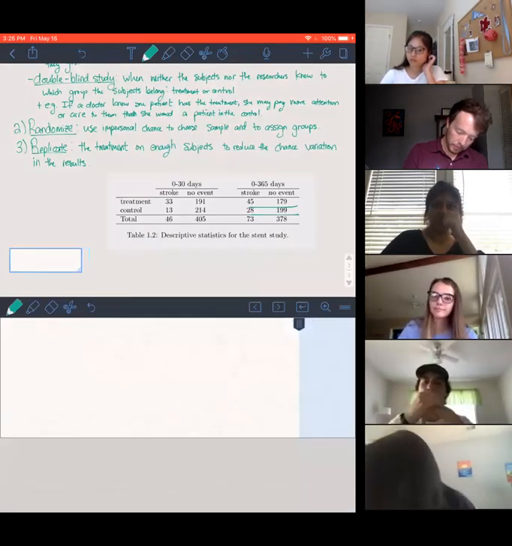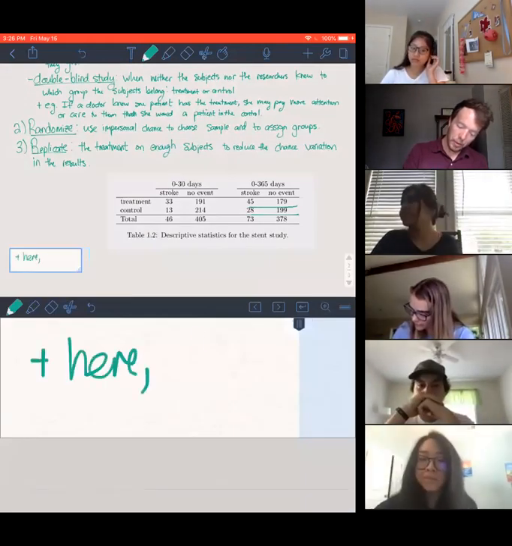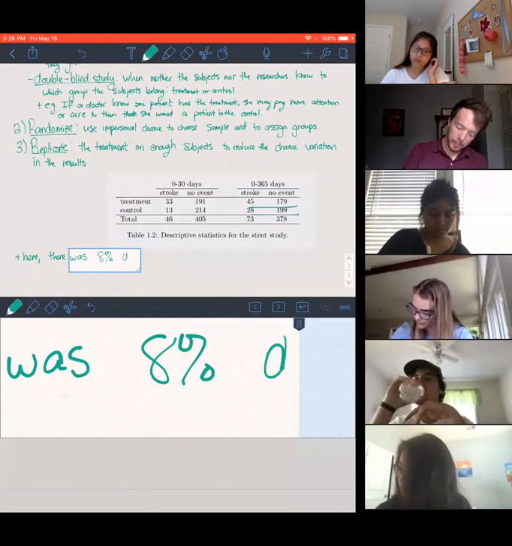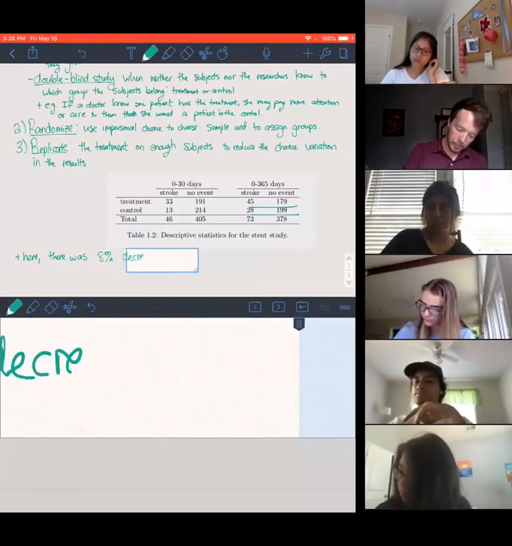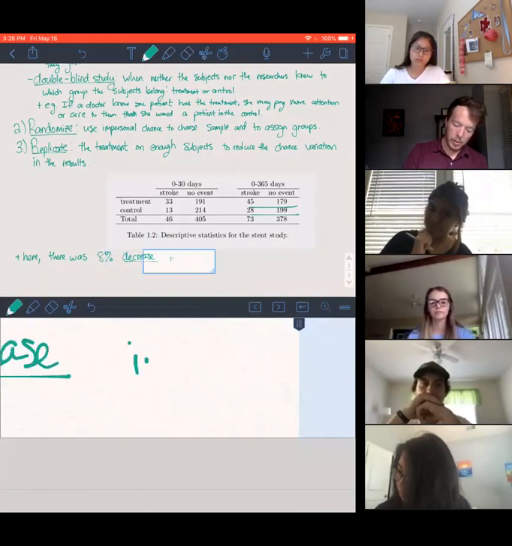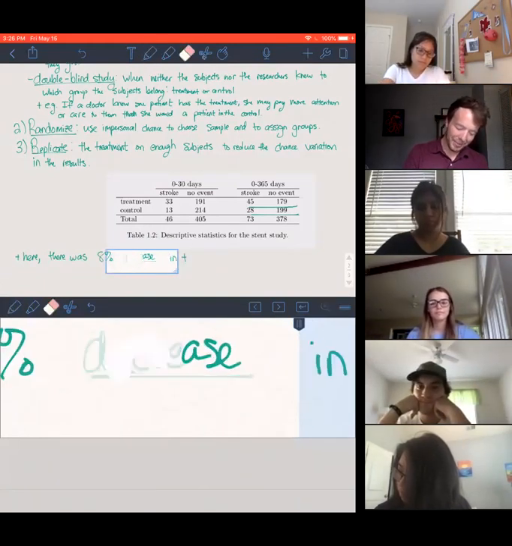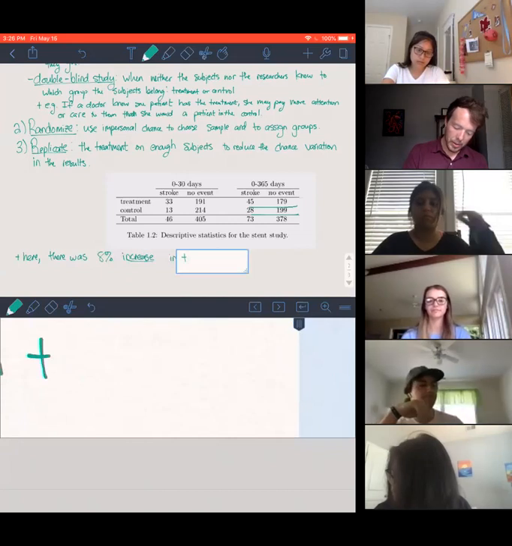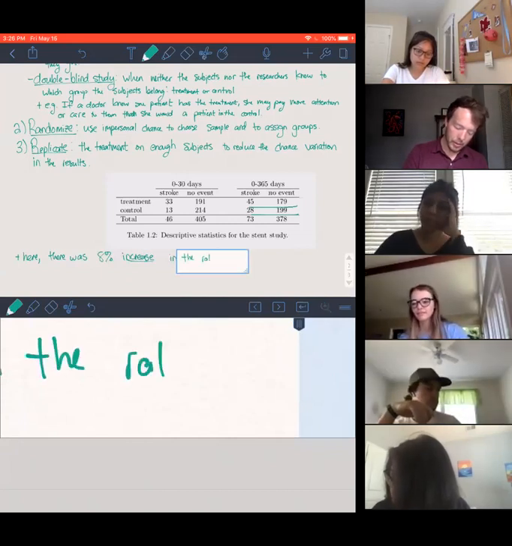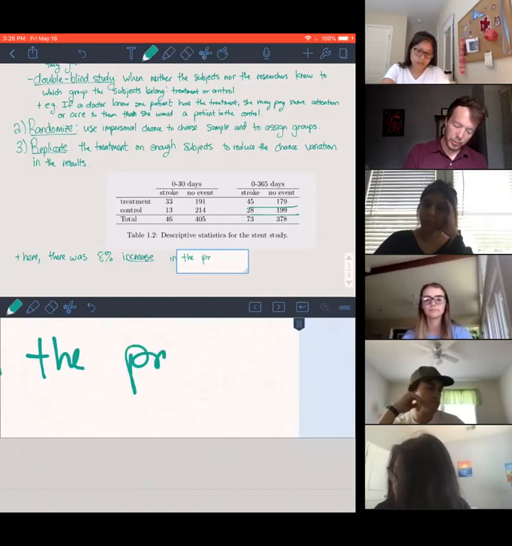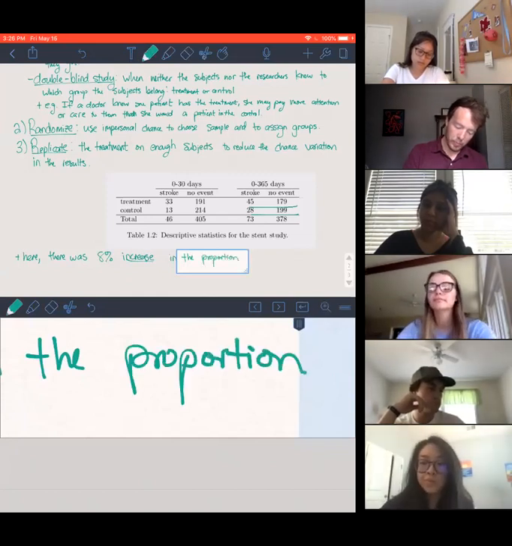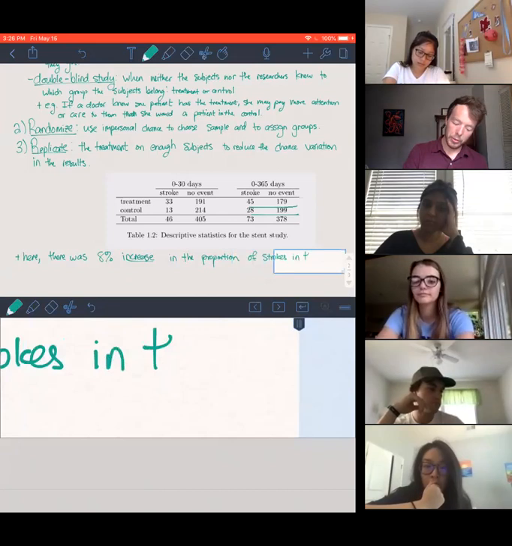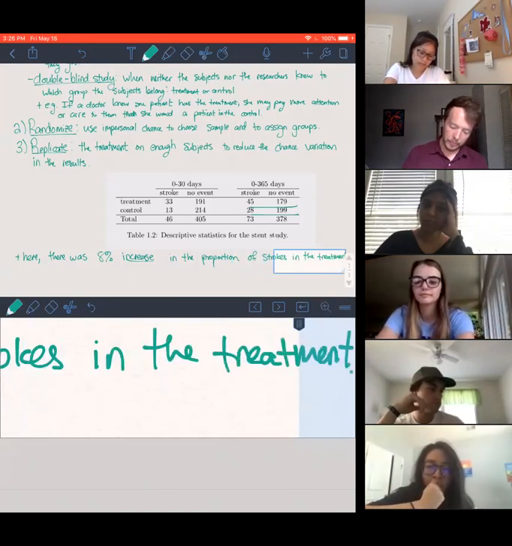And we discovered there was an 8% increase in the proportion of strokes in the treatment group compared to the control, right?